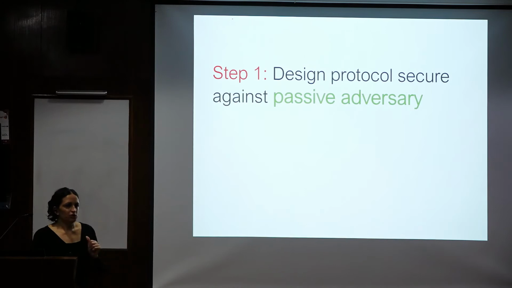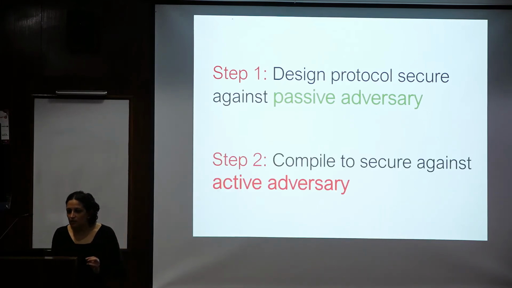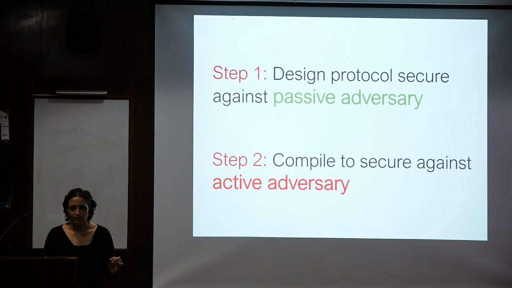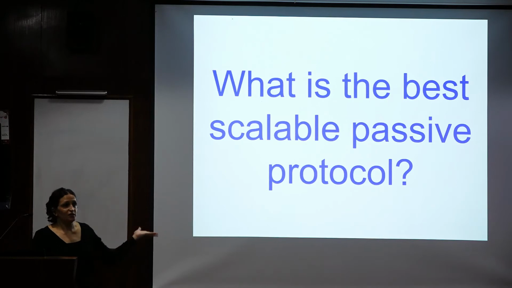The first question we asked ourselves as a team was: what would be the best passive protocol for this task? Let's start with it, and then we will understand how to compile it into the active setting. So what's the best scalable passive protocol?